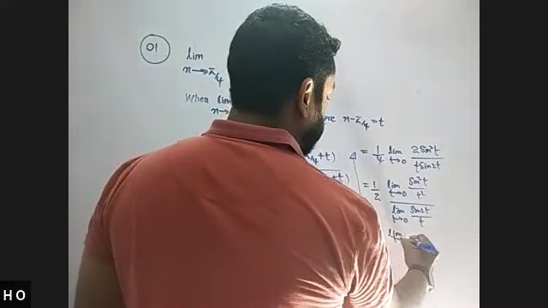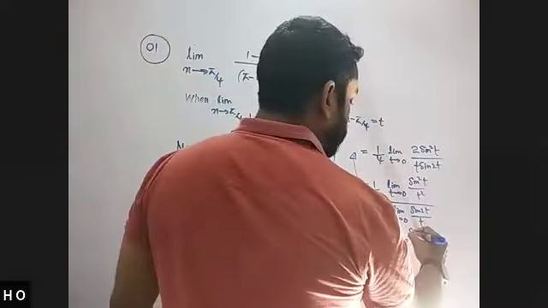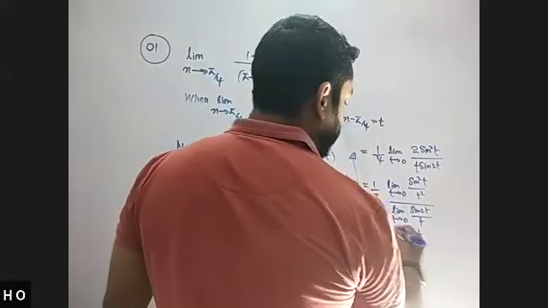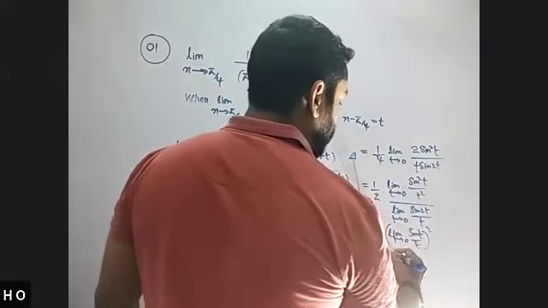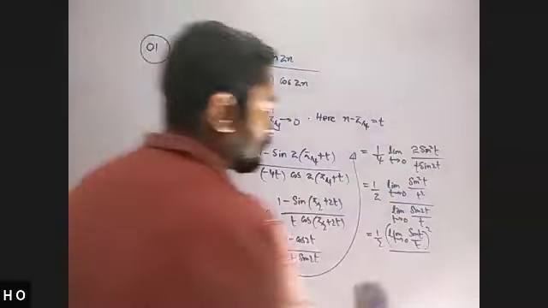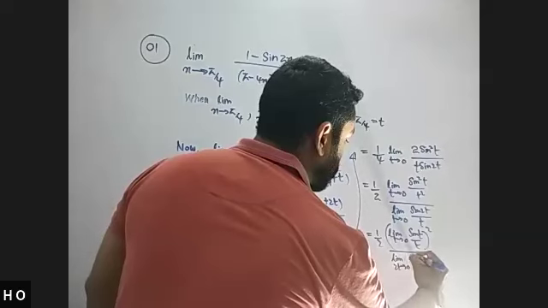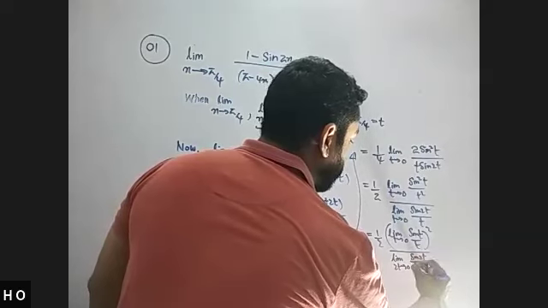Limit t tends to 0. Limit of the power is power of limit. So sine t over t totally square, over... There you have sine 2t. So limit 2t tends to 0, sine 2t over 2t.